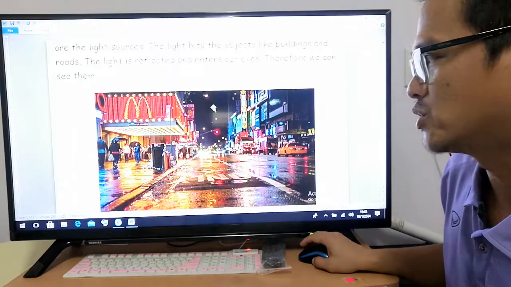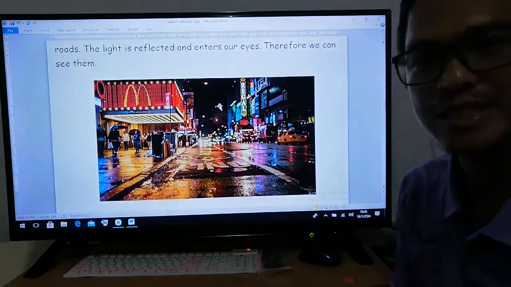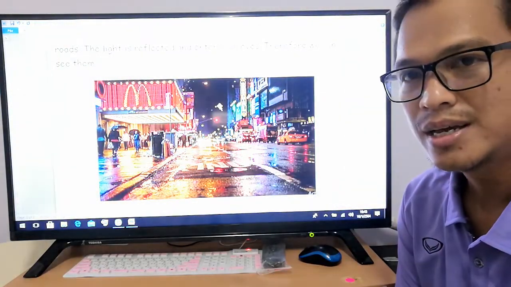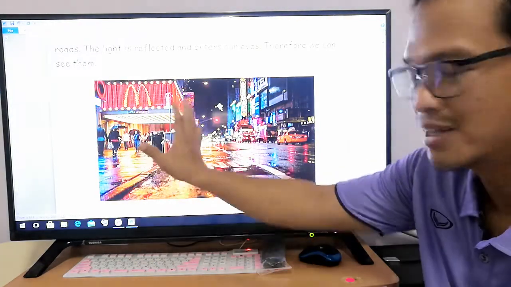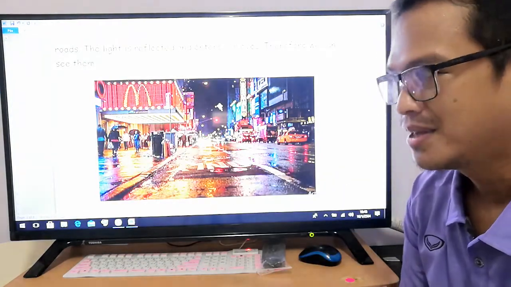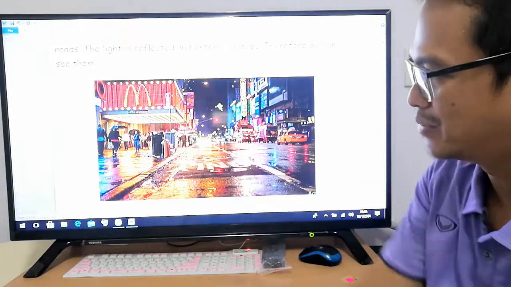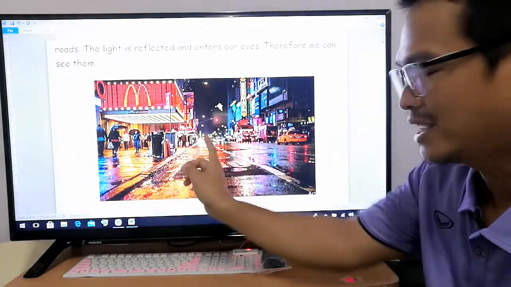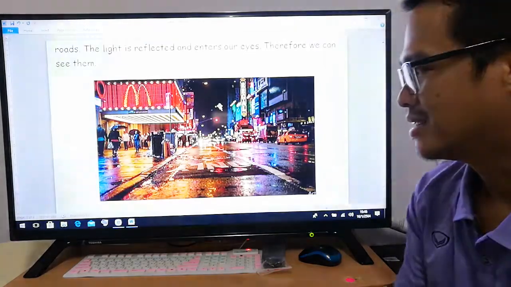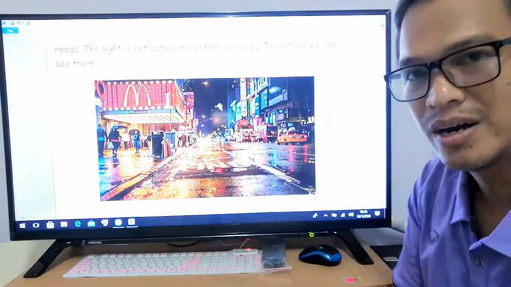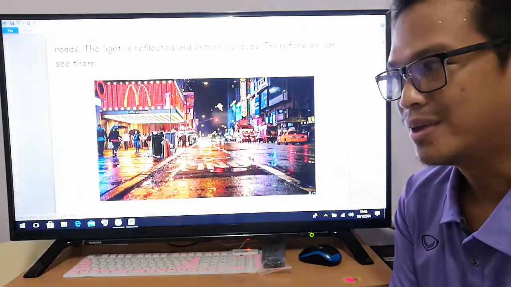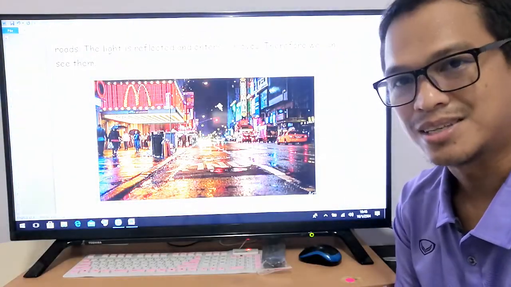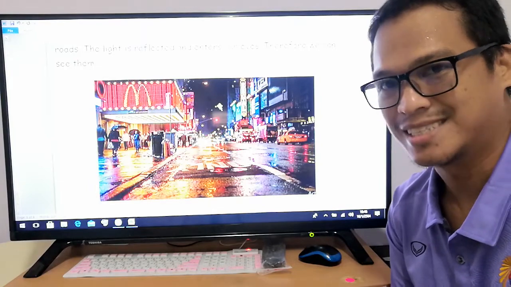In this picture, at night, usually we can see a lot of lights coming from the lamppost, some billboards, or lights from the car. This means even in the dark, we can see things because of some artificial lights.